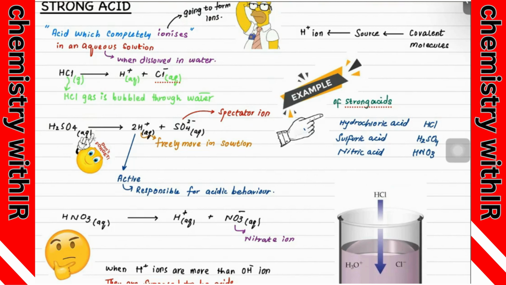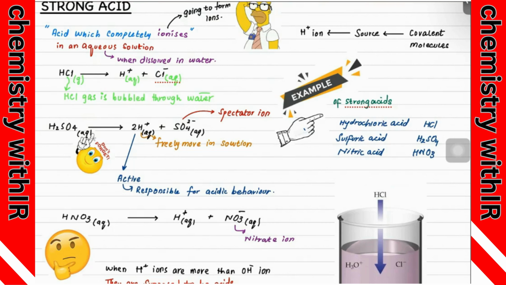So if this question comes in your exam, you are not doing an experiment. You are not standing in the lab. So how can you decide whether this is a strong acid or a weak acid? Because you have to see whether the ionization is full or partial. This is a very important question.